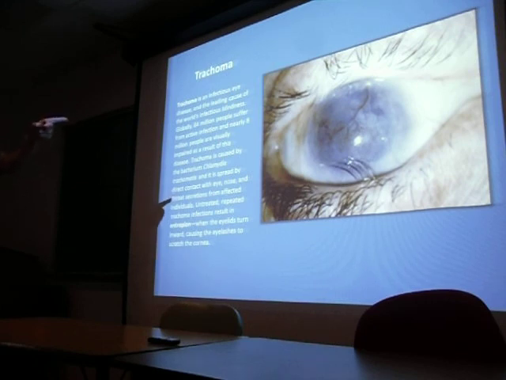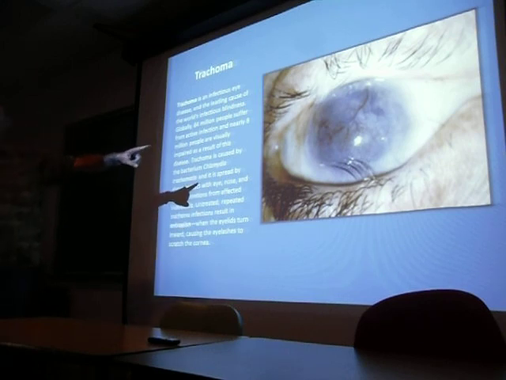And if you get enough of it in the eye for long enough and get enough infections, it causes scarring across the cornea and they go blind, okay?